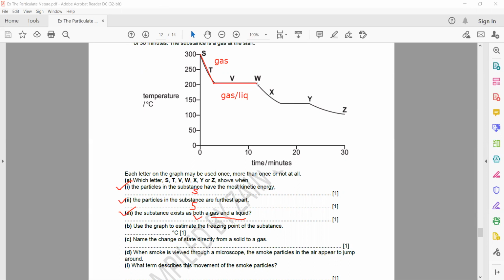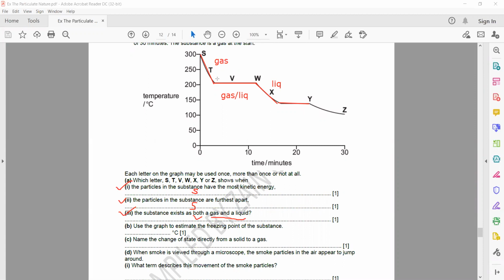Again, the temperature is changing. So in this region you will have only liquid, because when the temperature changes, the state does not change. And when the temperature is constant, the state changes. In this region, we have both gas and liquid.